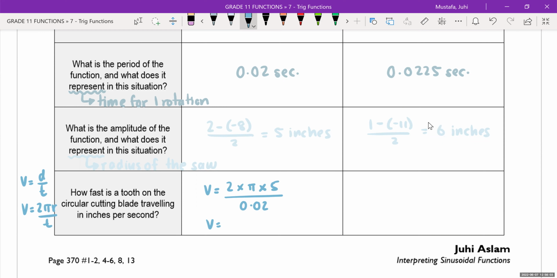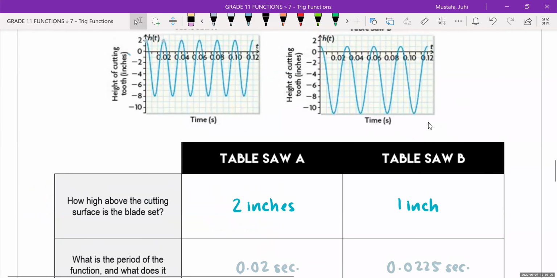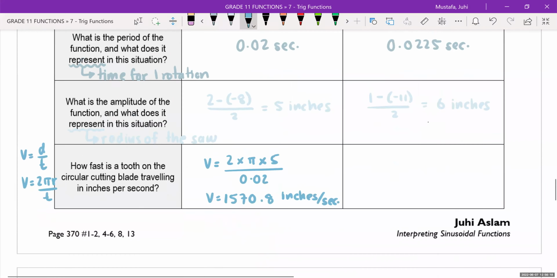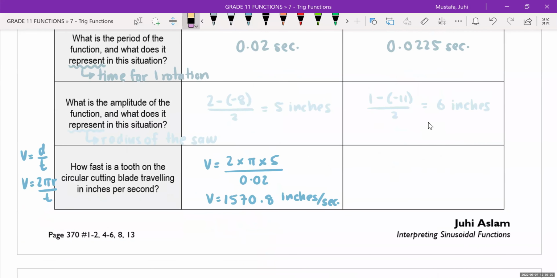That's going to give me 1,570.8. And our units, we just look at here, it's going to be inches over seconds. So it's going to be inches per second. We'll do the same thing for the other one. You know what? Why am I writing? I can just use the short form, which is just inches per second.